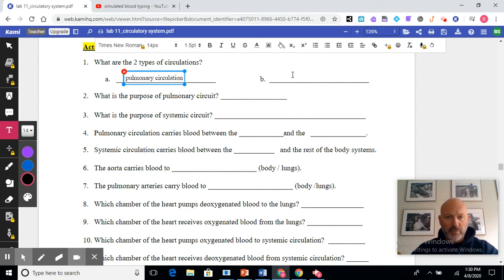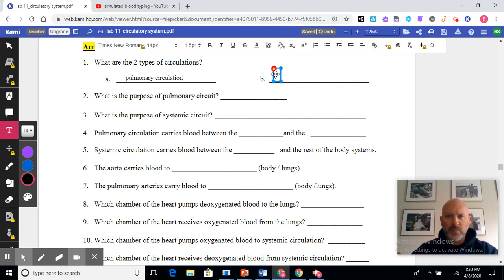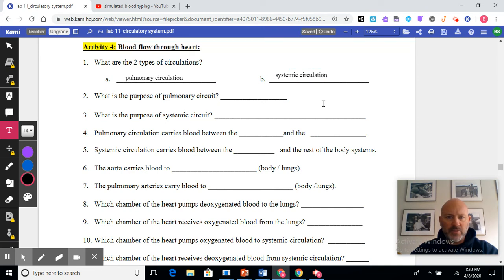The left side of the heart receives the oxygenated blood from the lungs and sends it to the body's tissues, and then it comes back to the heart. And that type of circulation we call systemic circulation. When we're feeding the body's systems, it's systemic circulation.